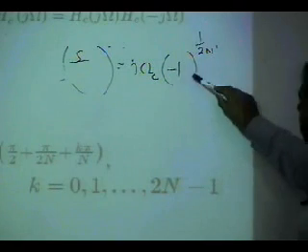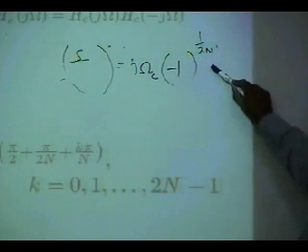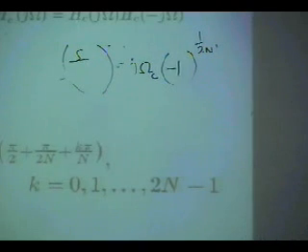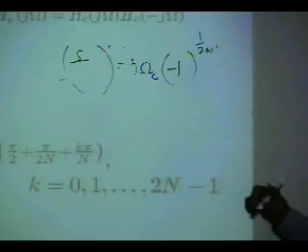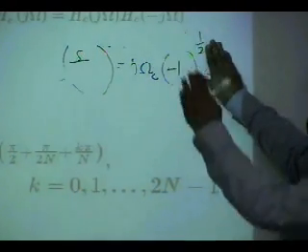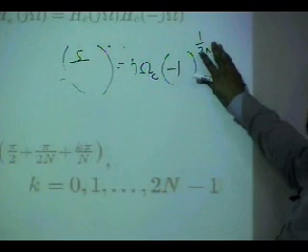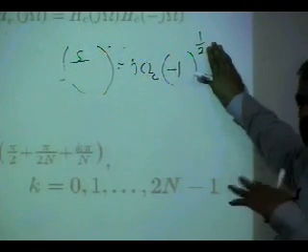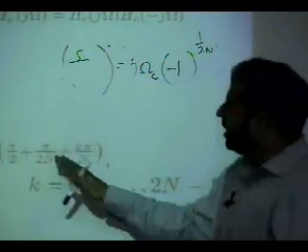For minus 1 raised to 1 over 2n, it has 2n roots on the unit circle. The square root, 1 over 2, means 2 roots, and they are j and minus j. If you say 1 over 3, 3 roots. 1 over 4, 4 roots. 1 over 5, 5 roots, 6 roots, 7 roots. And they will be equally placed.